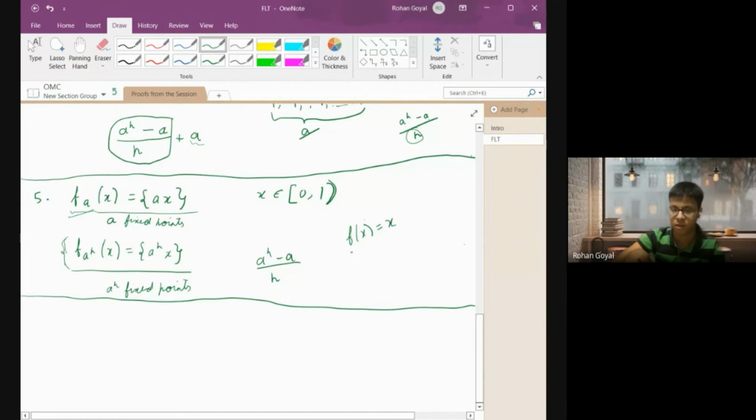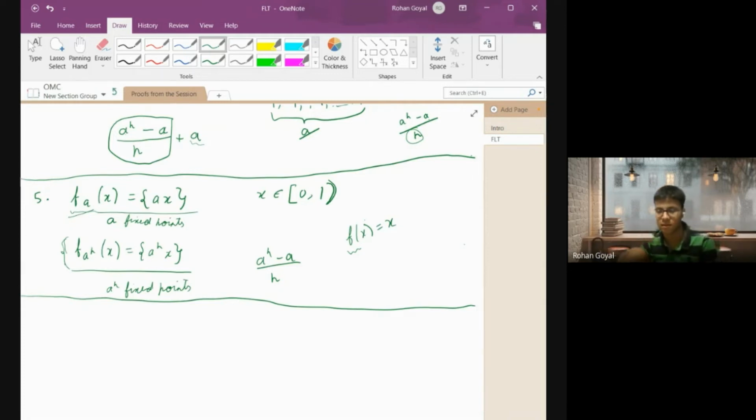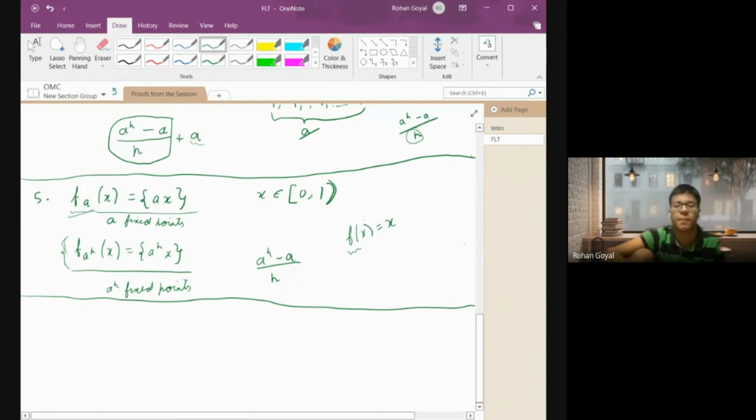Then x is a fixed point of f. Like under this function, it goes to itself.